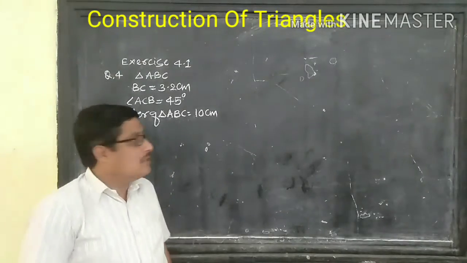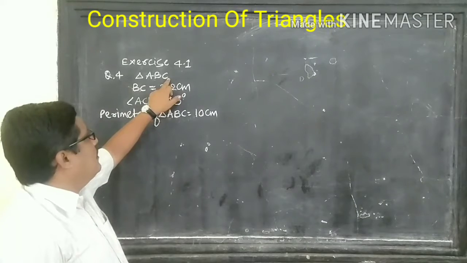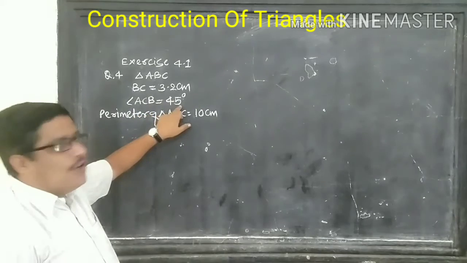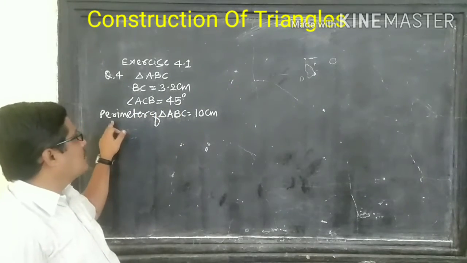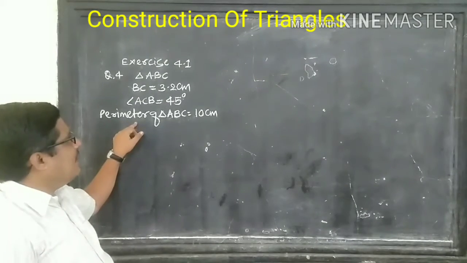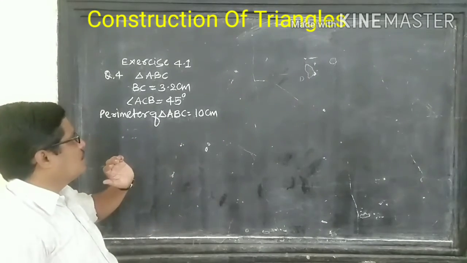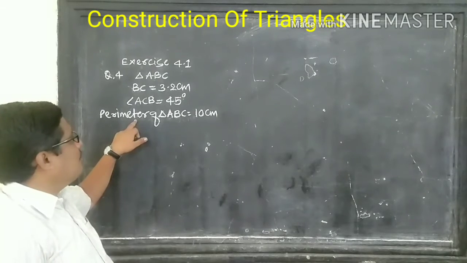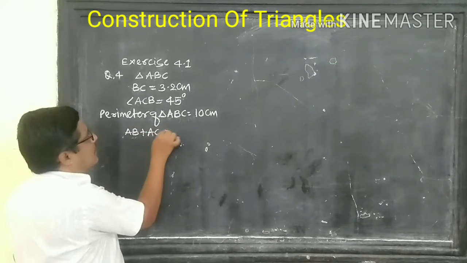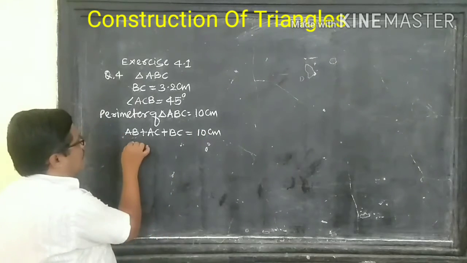Now we are going to take another example, that is example number 4, in which we have to construct a triangle ABC where BC is 3.2 centimeter, angle ACB is 45 degree, and the third measurement is the perimeter of triangle ABC, which is 10 centimeter. Here directly the sum of length of remaining two sides is not given. So first of all we have to use the perimeter formula, that is AB plus AC plus BC is equal to 10 centimeter.